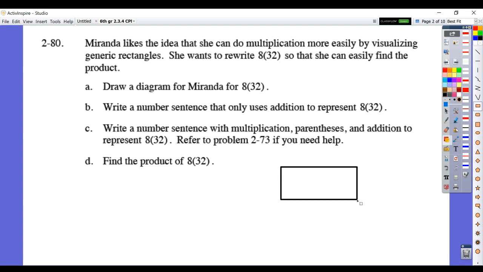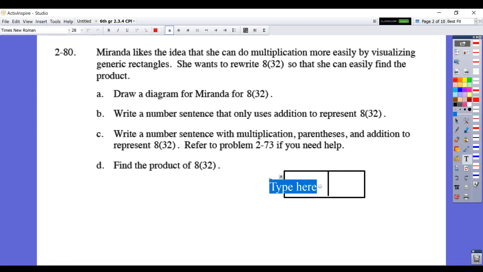You would start by deciding, do you want to have your 8 on the top, or your 32 on the top? That's up to you. I'm just going to go ahead and go with 8 on the side and the 32 on the top. So that would be how you would set up your basic area model for a generic rectangle.